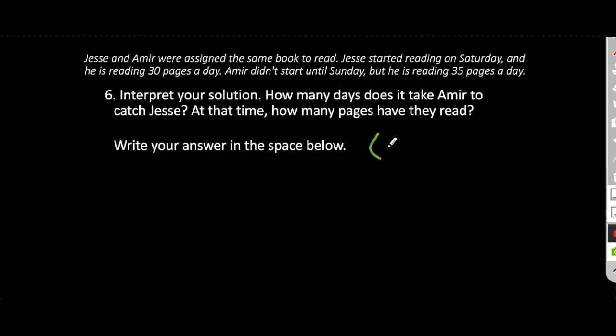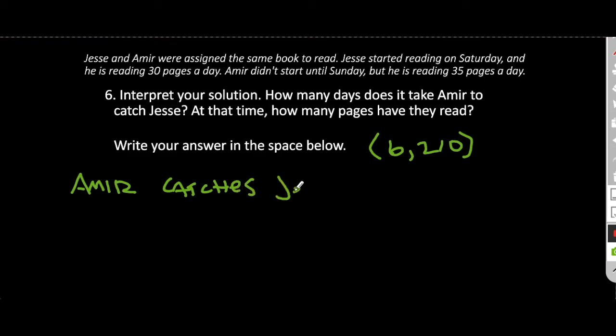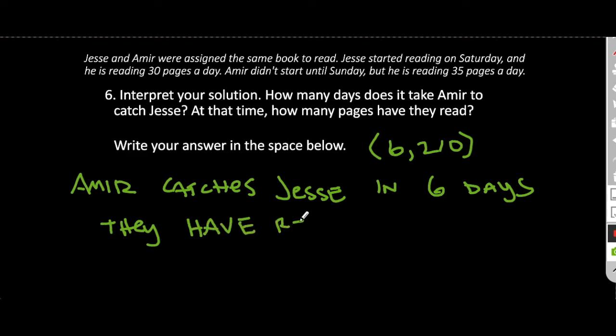So if my solution is 6 and then 210, that means Amir catches Jesse in 6 days. At that time, they have read 210 pages.